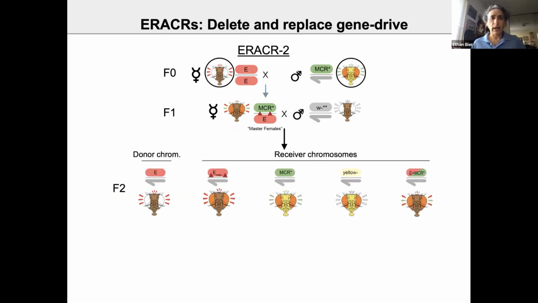For example, if we're looking in females at the F2 generation, you can look at the donor chromosome, which will typically be the eraser with its closely linked marker, white minus, and we can look at the target chromosome, the gene drive chromosome, to see what happened to it. If the eraser did what it's supposed to do and copied itself, deleting the gene drive and taking it out at this step, then the result should be the eraser that copied.